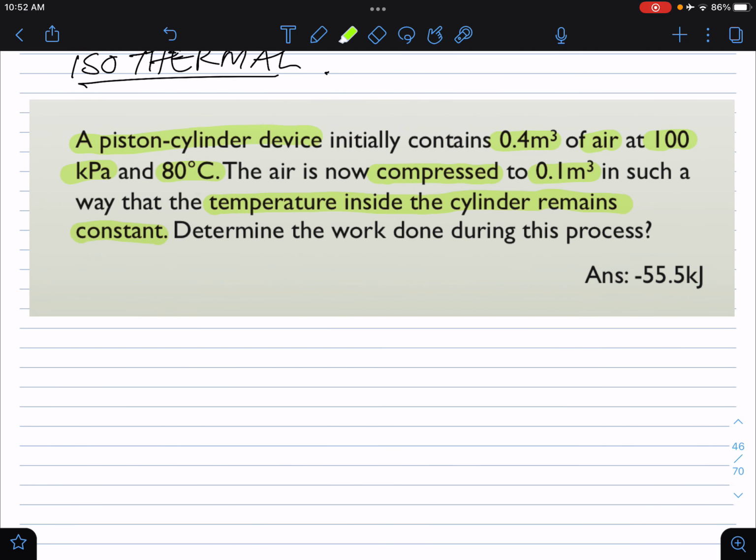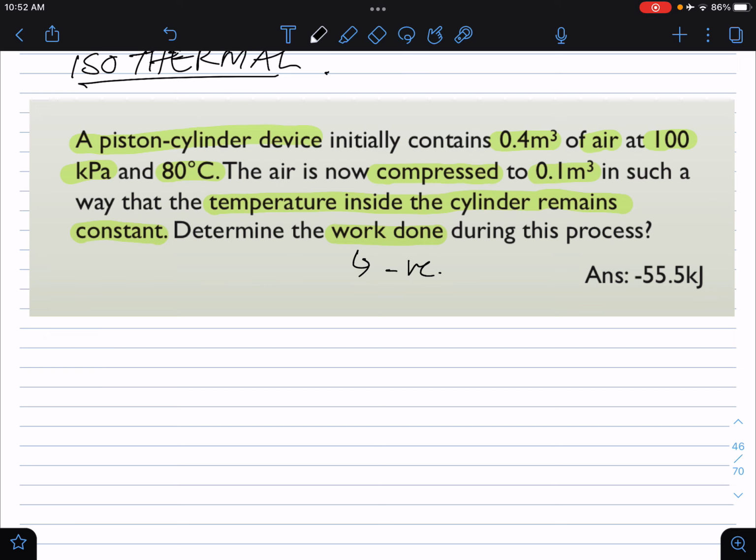Now it asks you to find the work done. I do not know whether the work is positive or negative, but since this is a compression, I expect that you will get a negative answer for the work.